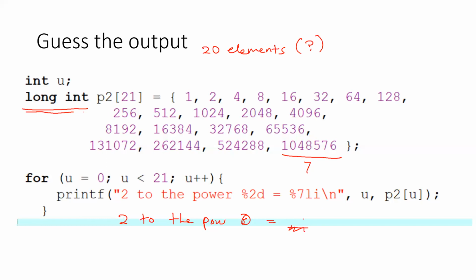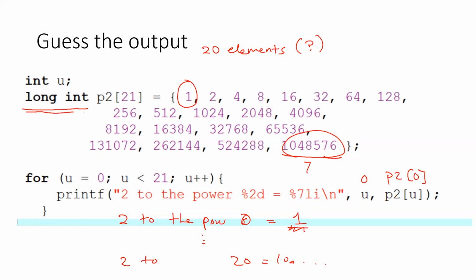So dia akan keluar dalam kes ni 1. Sebab untuk u sama dengan kosong, p2 of 0. Kat mana p2 of 0? This. Right. And so on sampai dia akan pergi 2 to the power of 20 equals to yang kat sini. Last kali, 104 something something.